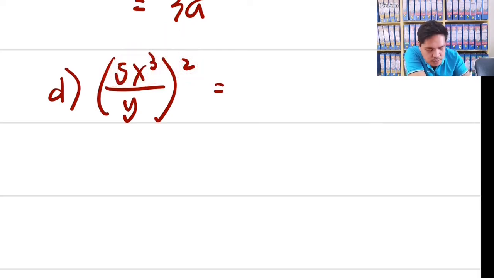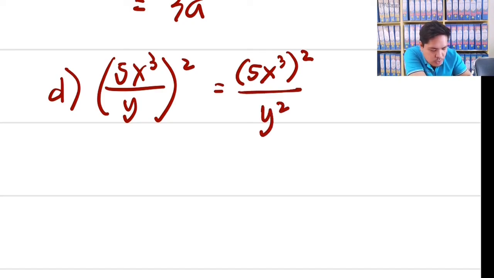Okay? So, isulat muna natin siya as 5x cubed squared over y squared. So, remember we distribute it to the whole expression there, holding yung numerator. Okay? Baka ma-tempt kayo na 5x cubed squared. Ay, namali.